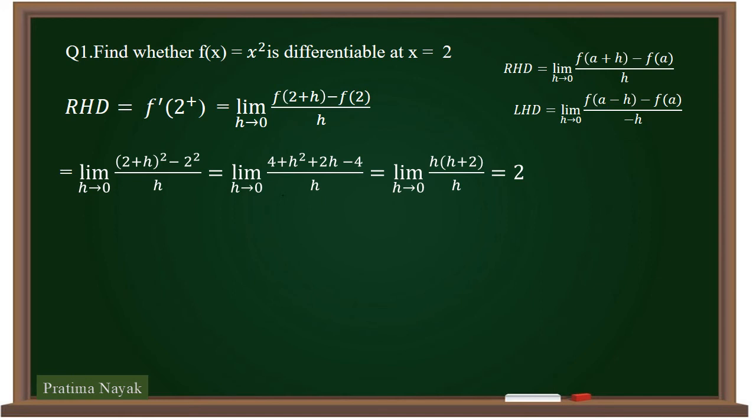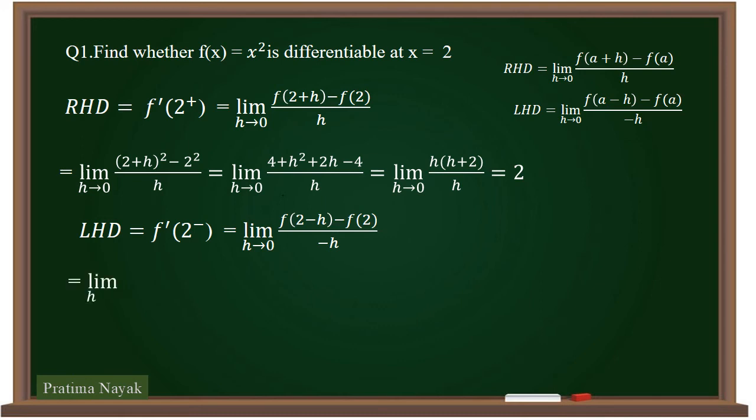Coming to left hand derivative. Left hand derivative is f dash 2 minus. This will be limit h tends to 0, (f(2-h) - f(2))/(-h). So here you have to keep in mind that h should be negative h. Now in place of x we'll put (2-h) whole square.